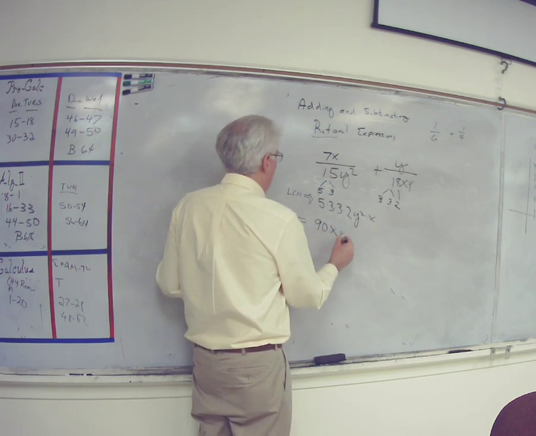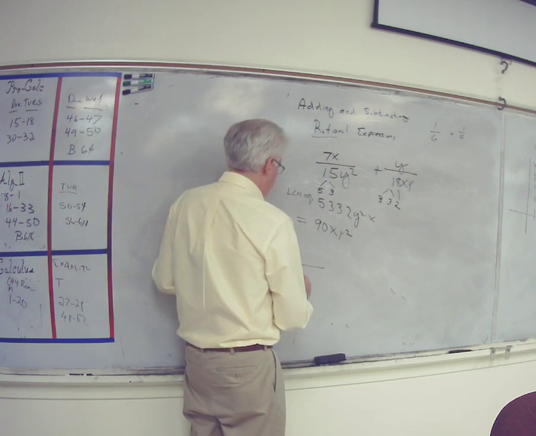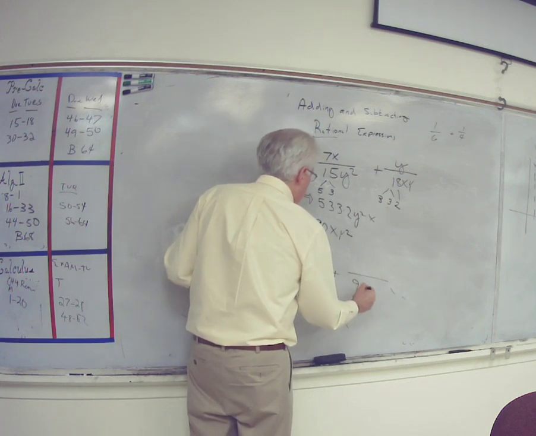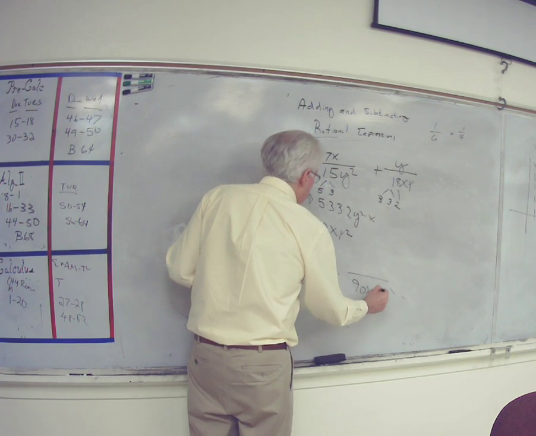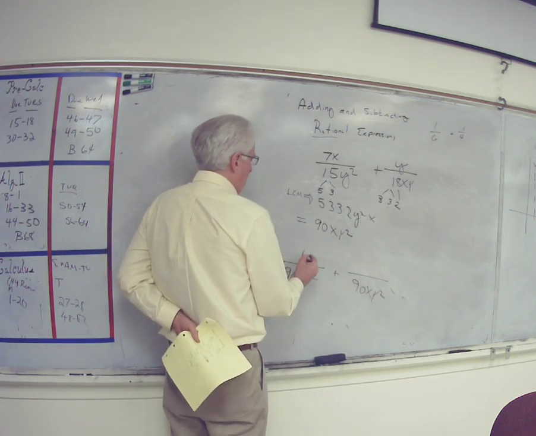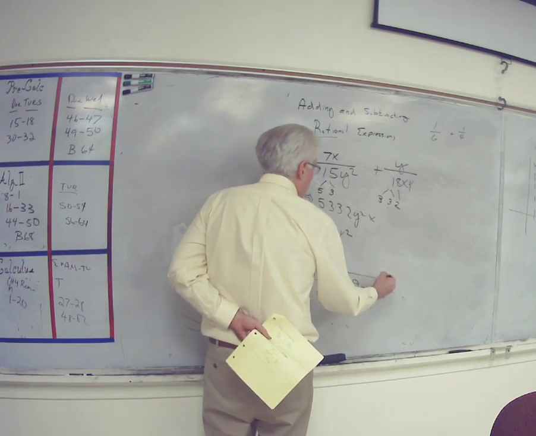And so this least common multiple is 9 times 5 is 45 times 2 is 90 x y squared. Okay? So I'm going to have 90 x y squared plus 90 x y squared. Then I started out with what here? 7x. I started out with what here? y.